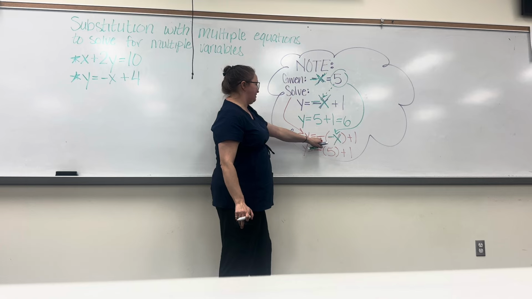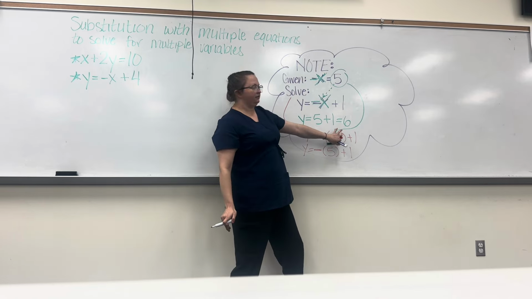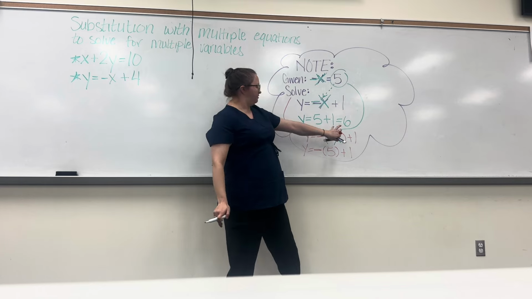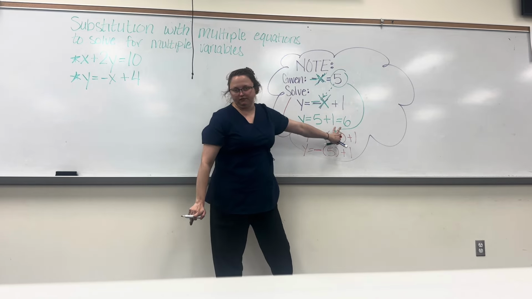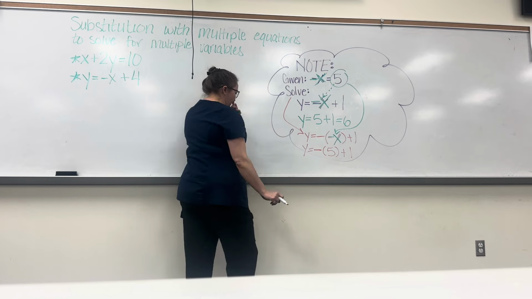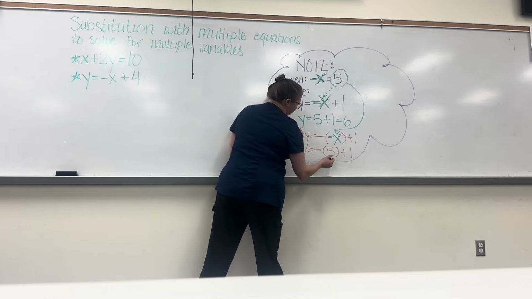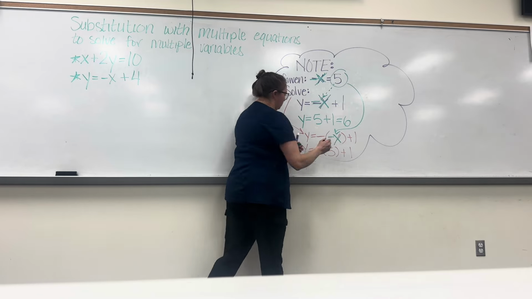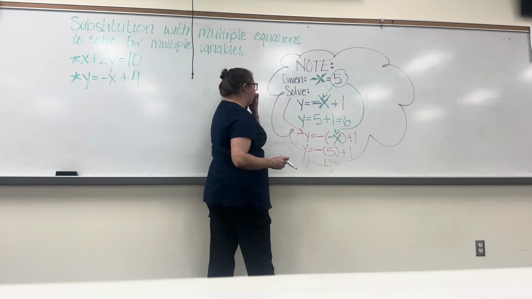Because we said negative this blob, negative this term, negative this configuration of lines, okay? That's how it is now negative. Y equals negative 5 plus 1 is negative 4, boom, okay?